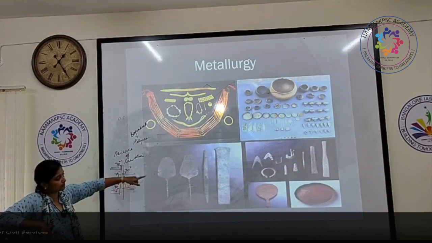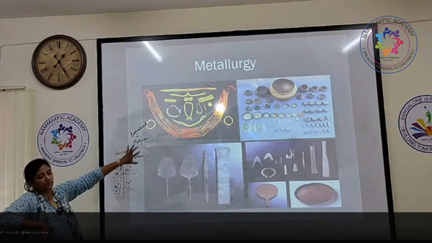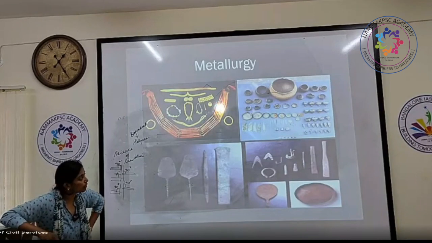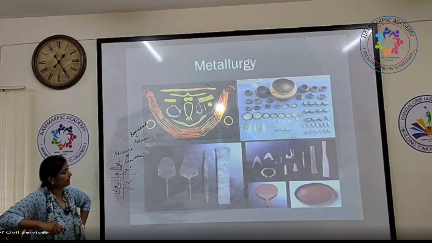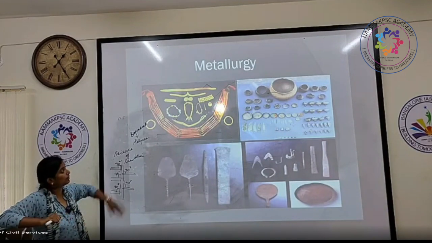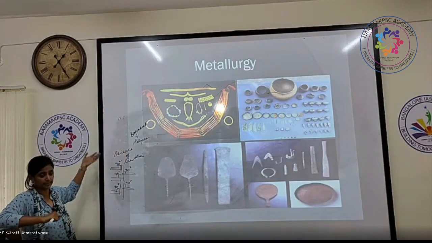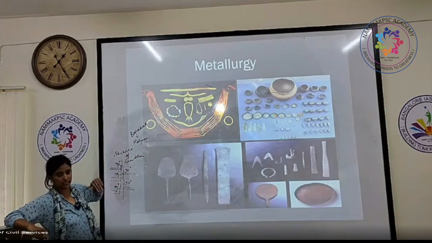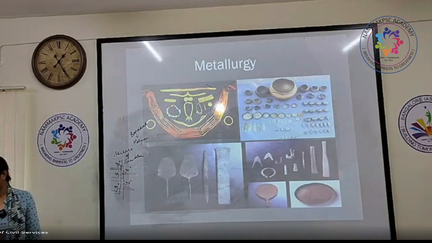See, these are the types of developments in your metals. Gold, silver, and no iron here. And they also used a lot of other stones, precious stones, which we will see a little later. So this is about their metallurgy.